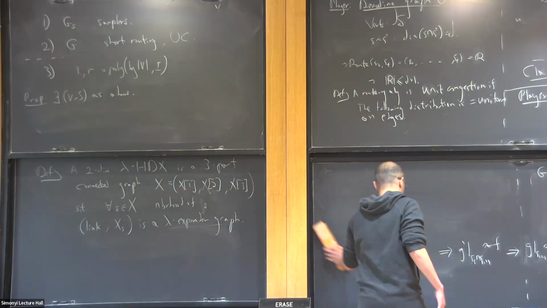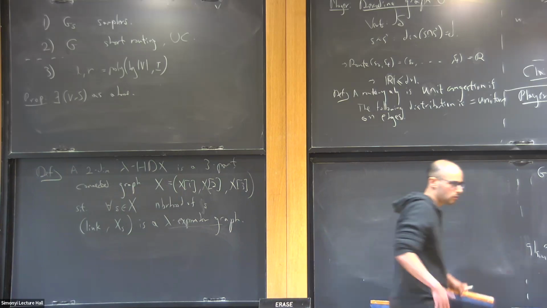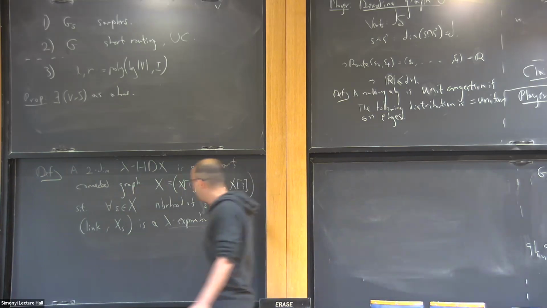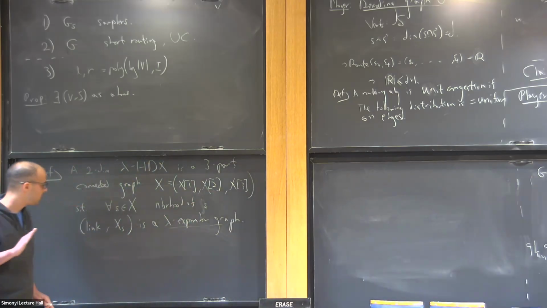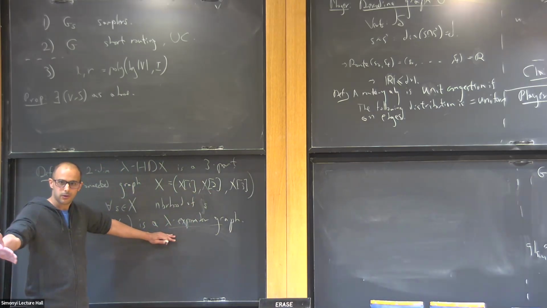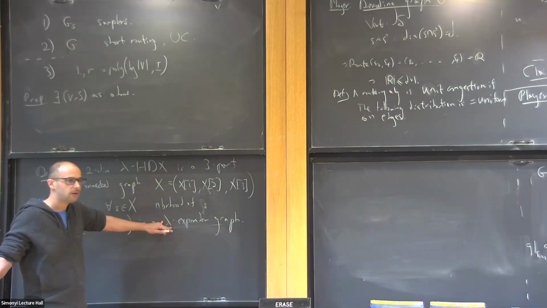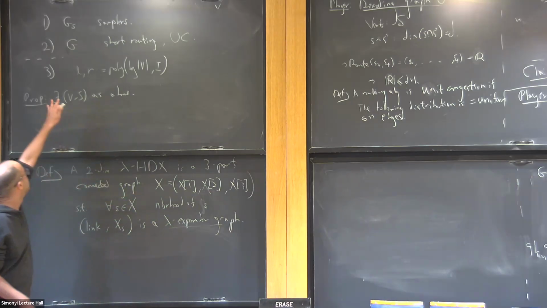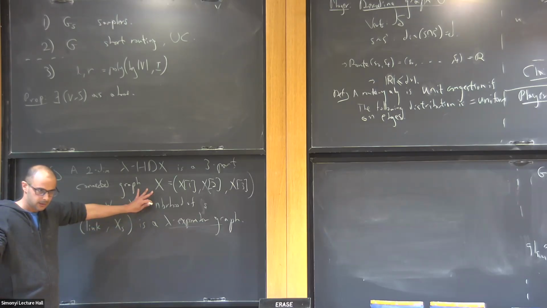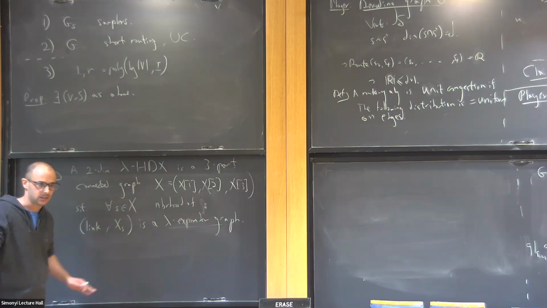There's too much background, so I can't say too much about expanders, but it suffices to know that if I have a lambda expander graph, then the graph will also be a good sampler. And so for good enough lambda, we'll get these local graphs which are samplers. How big is this link? Right, a priori I didn't say anything, it's just a definition.